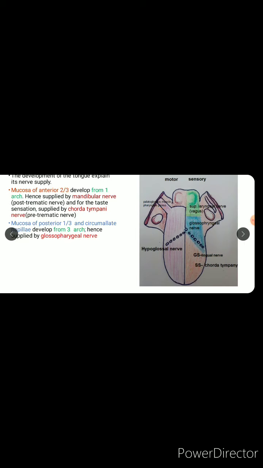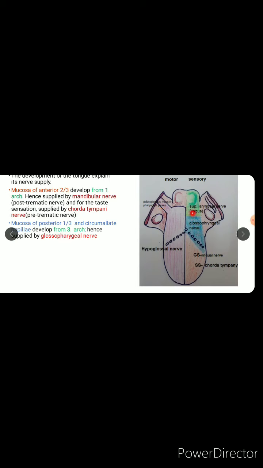Now, the mucosa of the posterior 1/3 of the tongue is derived from the third arch, and the glossopharyngeal nerve is the nerve of the third arch, which carries both general as well as taste sensation from the posterior 1/3 of the tongue.